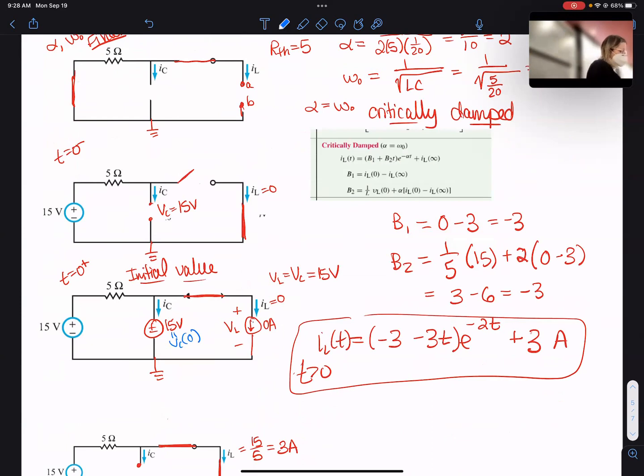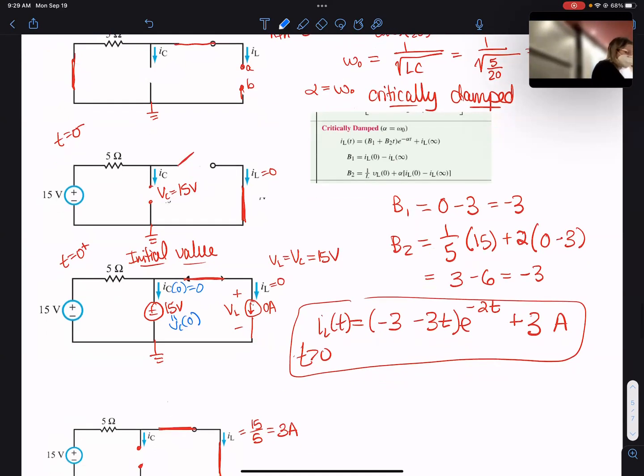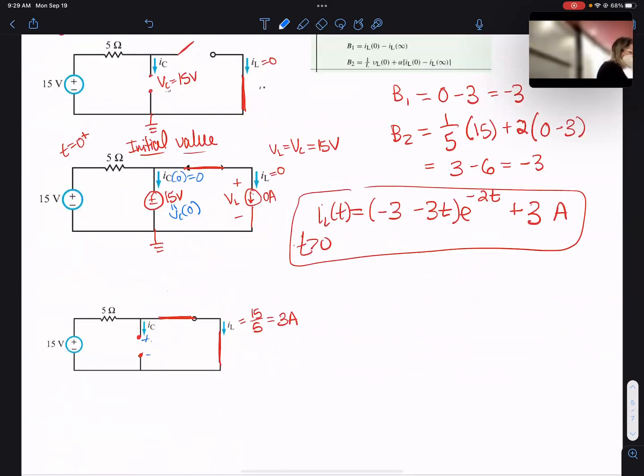If you have 15 volts on both sides, IC of 0 would be 0. So that would be your initial IC of 0. And then VC at infinity would be again 15.